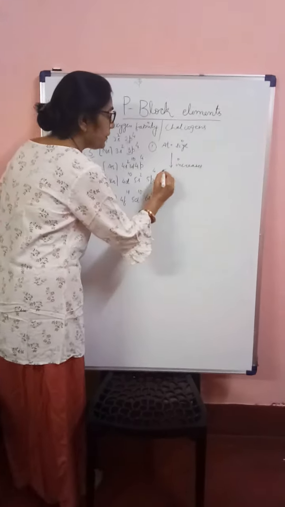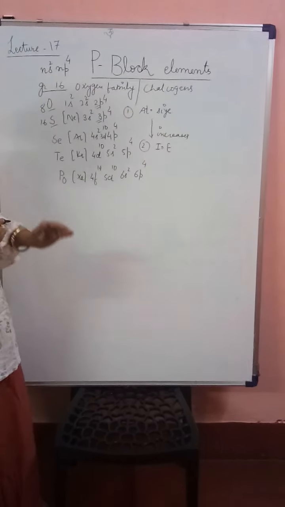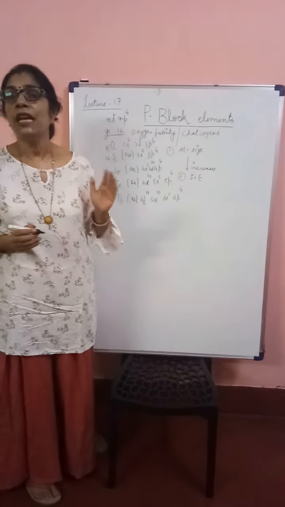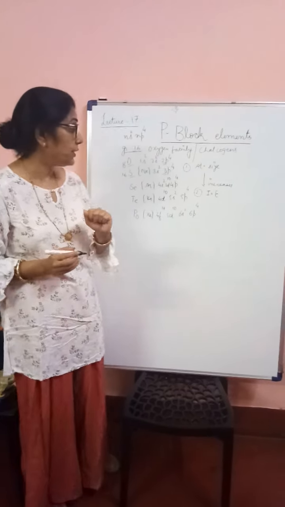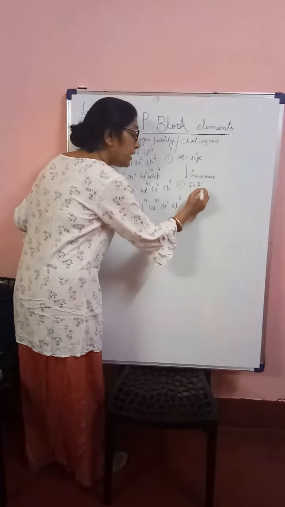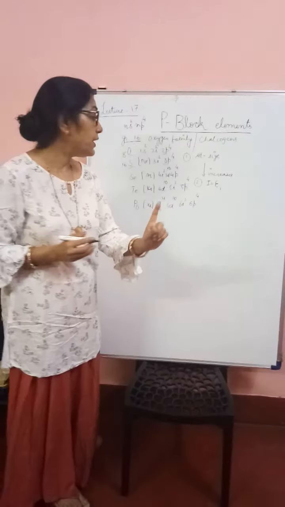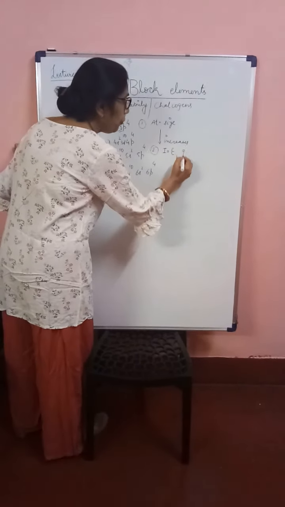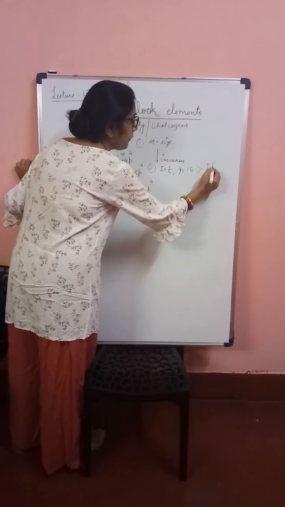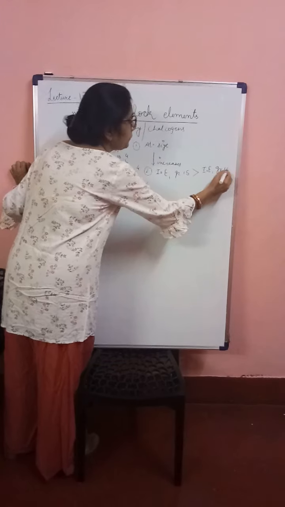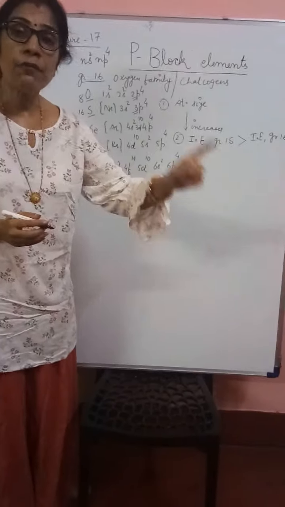Now the next is ionization energy. As I said, across the period ionization energy goes on increasing because of the decrease in atomic size. But the first ionization energy of group 15 is higher than group 16, although group 16 elements should have more.